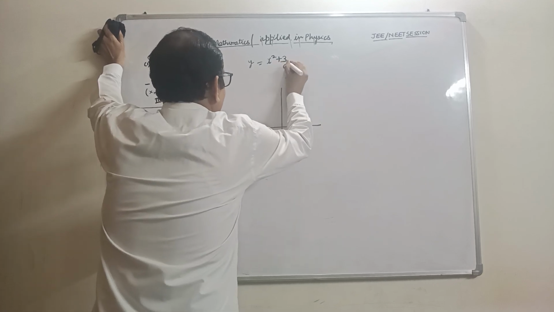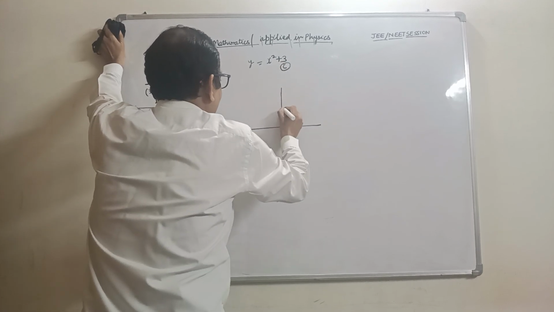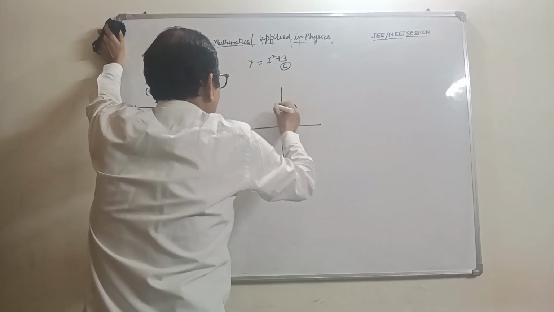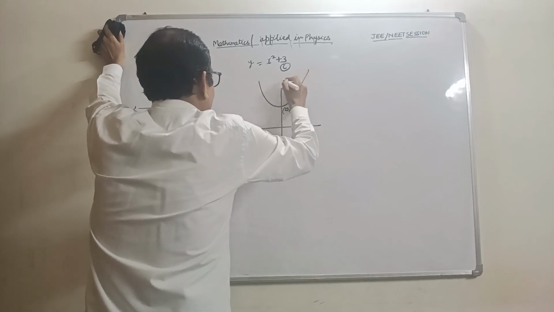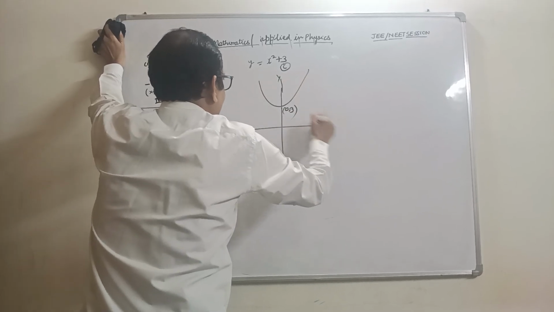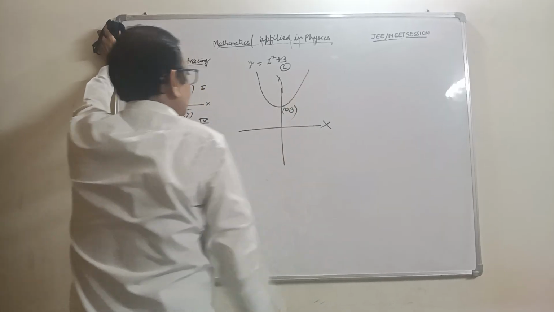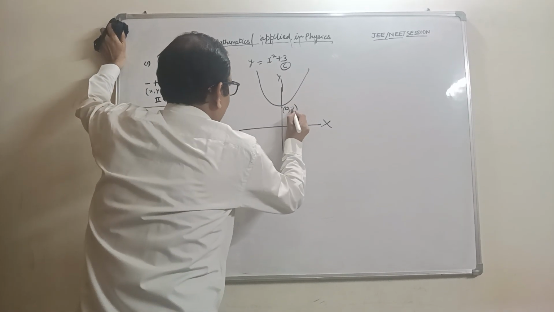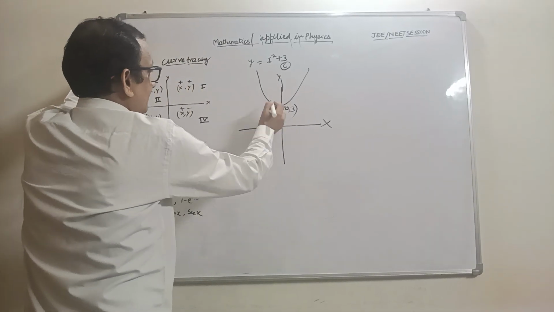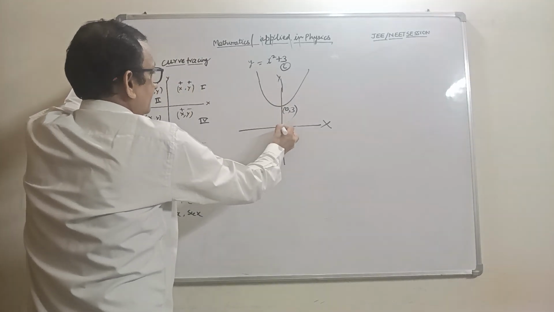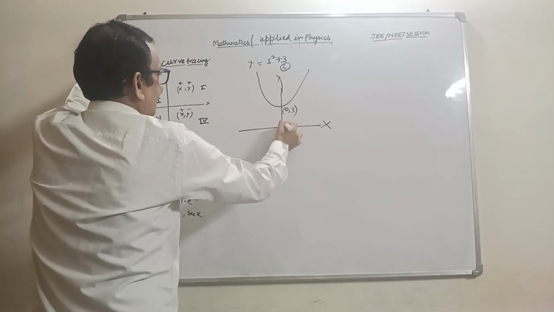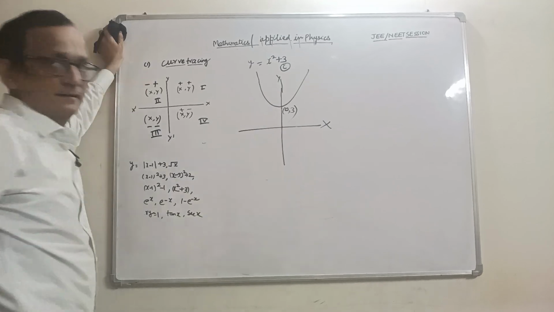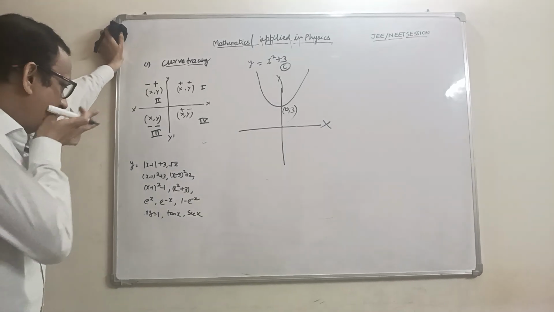This is c, the intercept about the y-axis. This coordinate would be 0, 3. So the curve would be like this, with the y-axis and x-axis. This is the parabola. This is 0, 3. So in the shifting here, x is not shifted, 0, and y is shifted 3. This is the shifting of the graph.